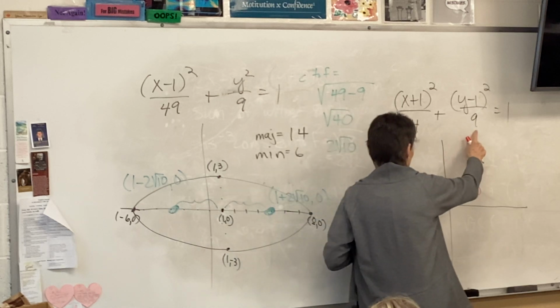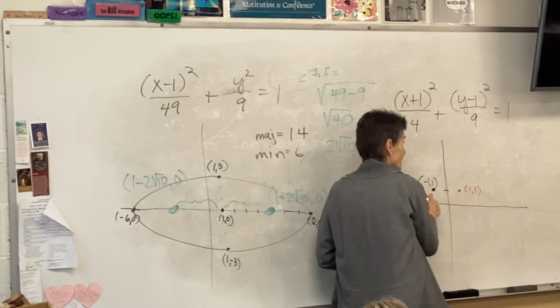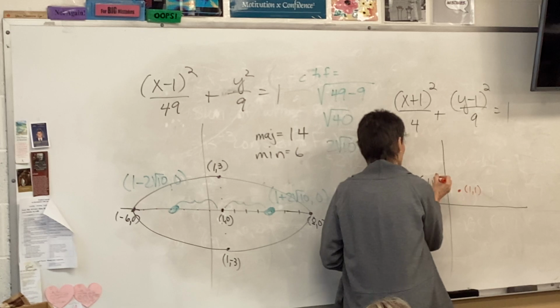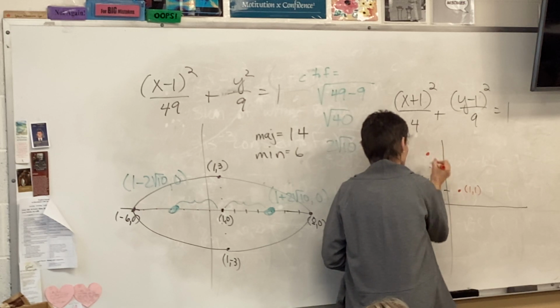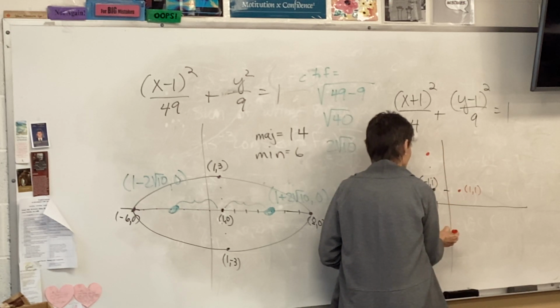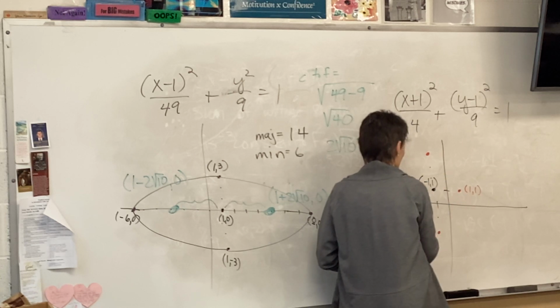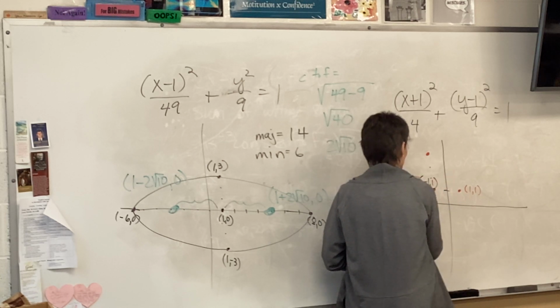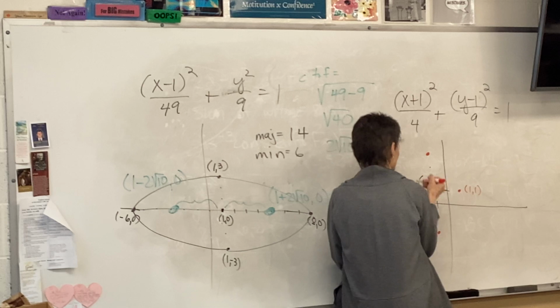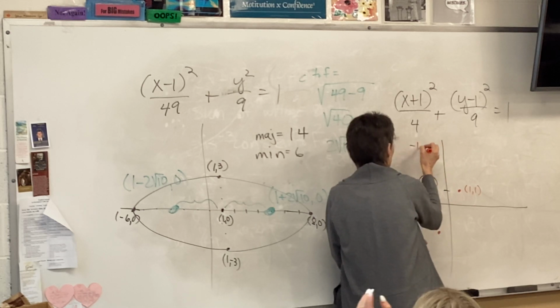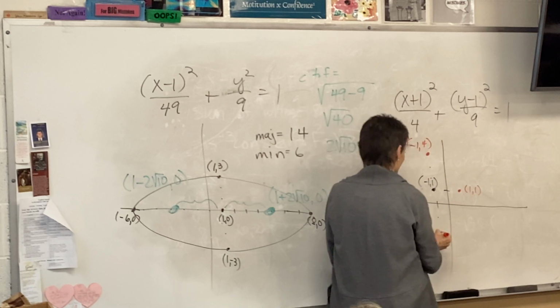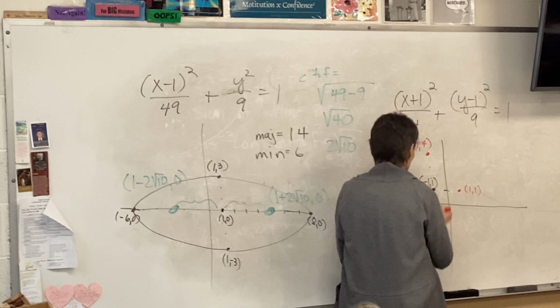What's that 9 tell me to do? From the center, so go back to the center and up, 1, 2, 3, down, 1, 2, 3. And then those 2 points, again, I should be able to tell just by where I plotted it. -1, 4, -1, -2.